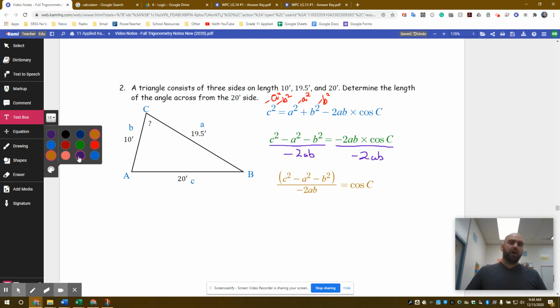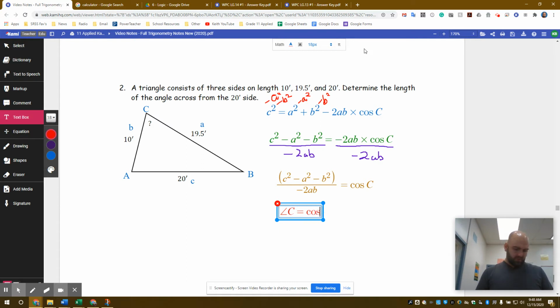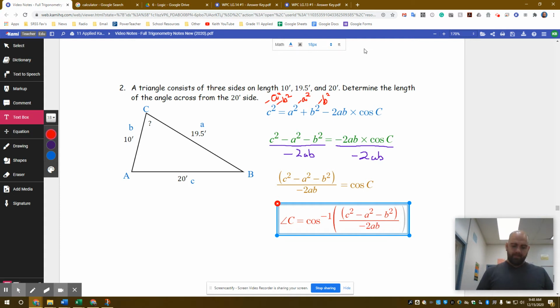If it is of any help to you, you can also think of it as we can put the inverse cos in there. So we can also write this as, and I'm going to put the angle in front instead of behind, angle C is equal to cos negative 1 of c squared minus a squared minus b squared over negative 2ab, and close brackets.